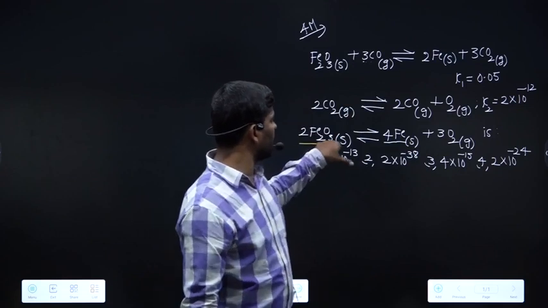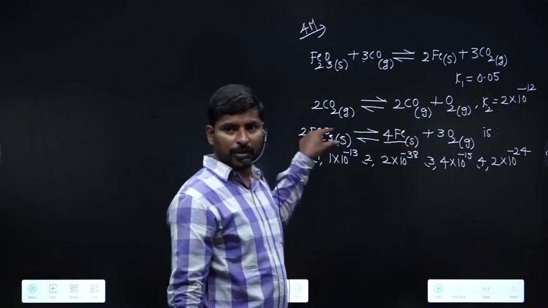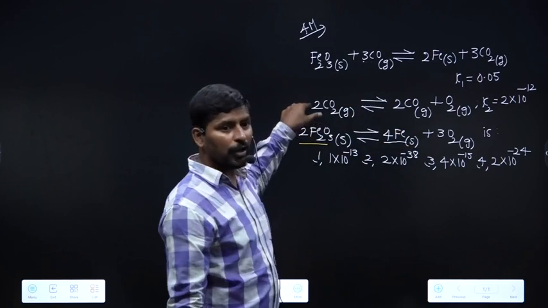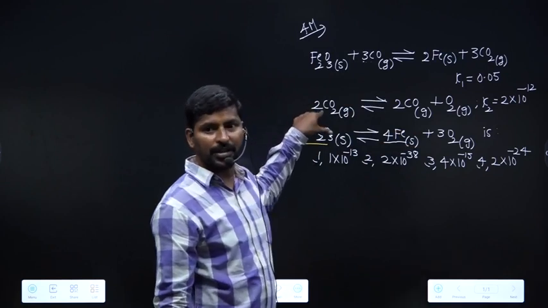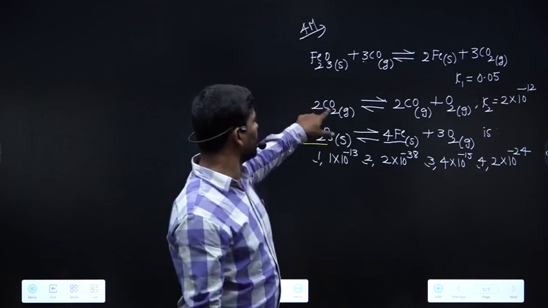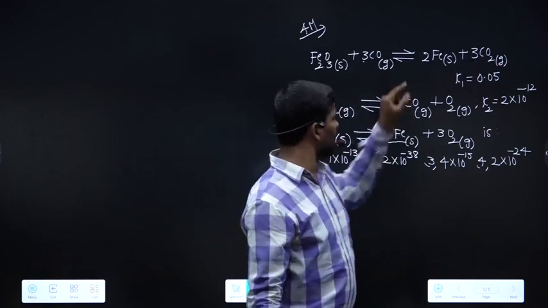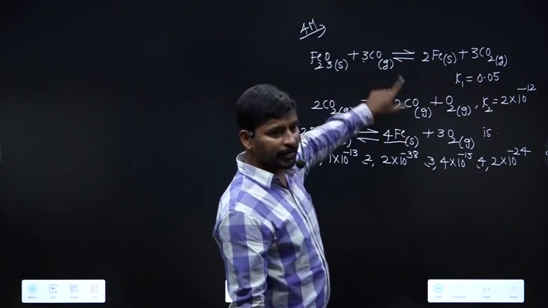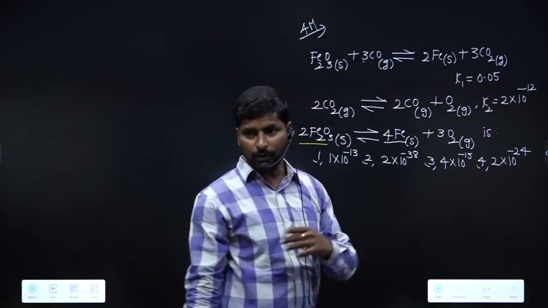But here we don't have CO and CO2. That has to be cancelled. To cancel, we have to multiply equation 2 by how much? 3. If you multiply equation 2 by 3, 6 CO2 gets cancelled, 6 CO gets cancelled, and 3 moles of O2 we are getting.